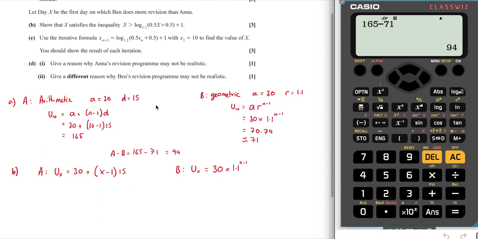Now we know Ben does more revision than Anna, so that means that 30 times 1.1 to the power of X minus 1 is greater than 30 plus X minus 1 times 15.